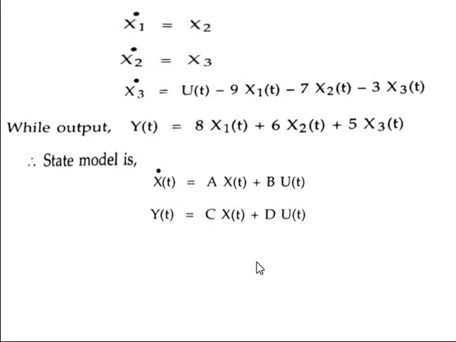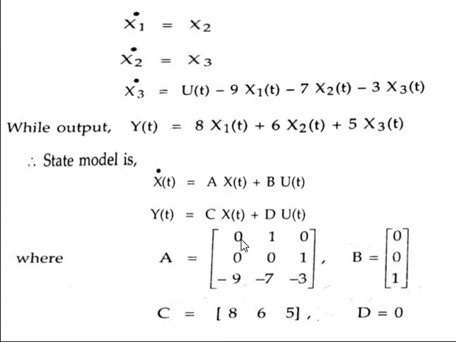By using these formats we can write the matrix A. From these three equations we can write the matrix A. For the first row, x1 dot of t is equal to only x2, so the x1 term is not there and the x3 term is not there, so 0 multiplied with x1 plus 1 multiplied with x2 plus 0 multiplied with x3, so 0 1 0.